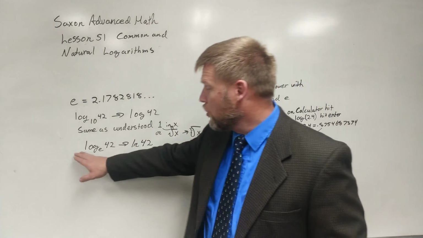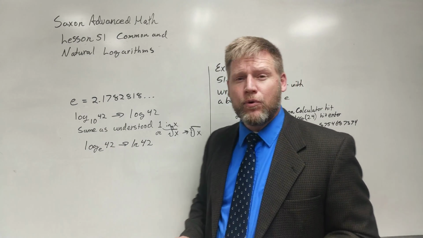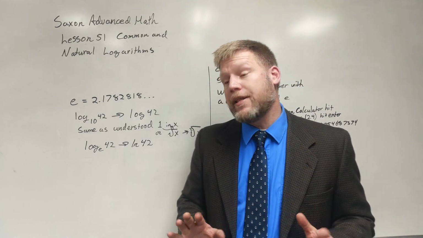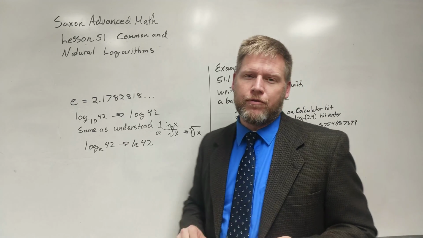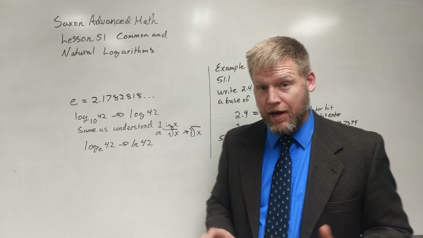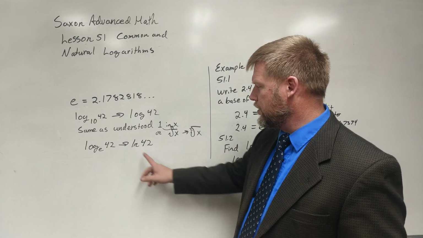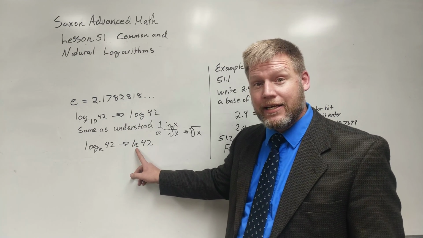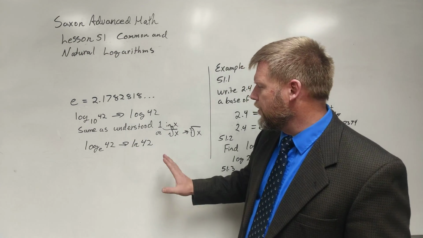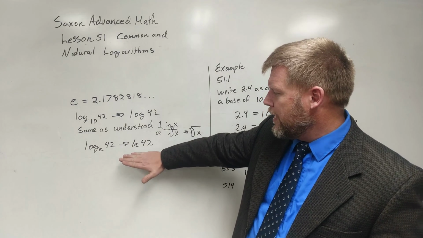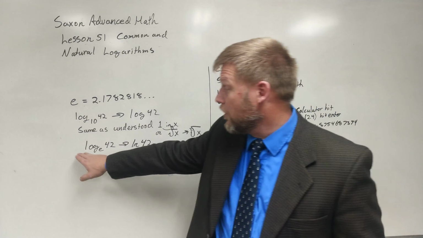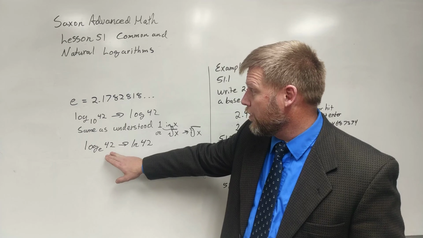Instead of writing log base e of 42, the way that we can differentiate that is saying ln 42. Now, it's pronounced like I'm going to mow my lawn, L-A-W-N. However, it's abbreviated just L-N. Okay.